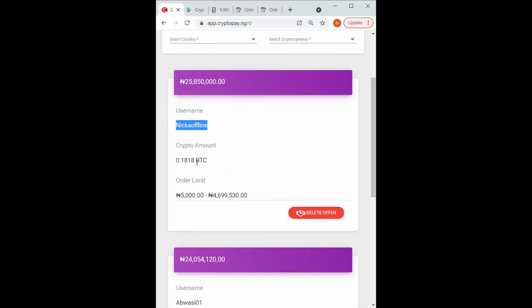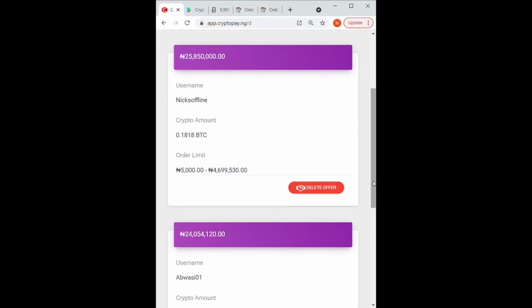This is the crypto amount we used, and if you remember well, this was the rate that we decided to use. This is the lower limit. We set that for 5,000, and this is the higher limit. This is the highest limit. Okay, so you have successfully posted an advertisement.